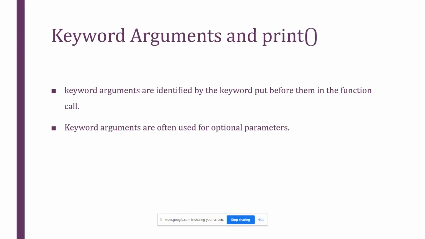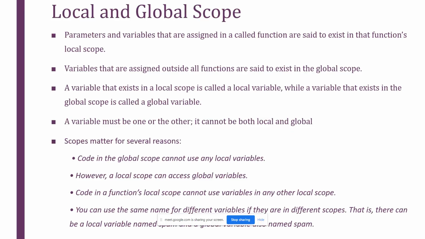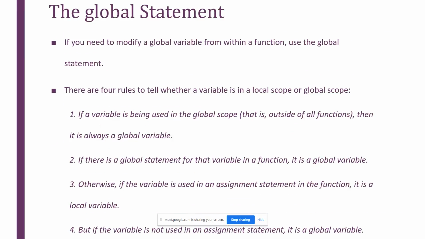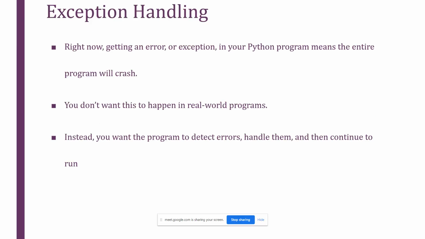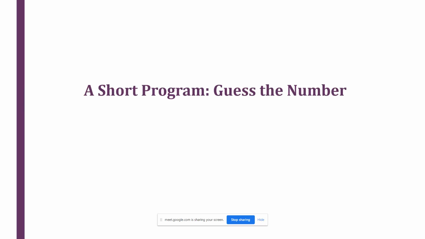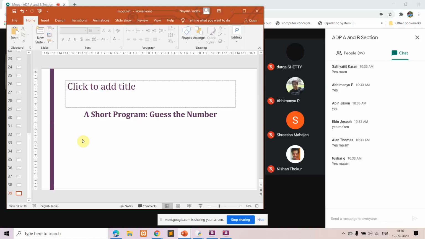Then we saw keyword arguments, local and global scope, the global statement, and exception handling, that is, in case there is any error, how you can handle it. To handle it, you use try and except. The last one was this program, guess the number. With that, we are done with the first module, which includes Python basics, flow control and functions.